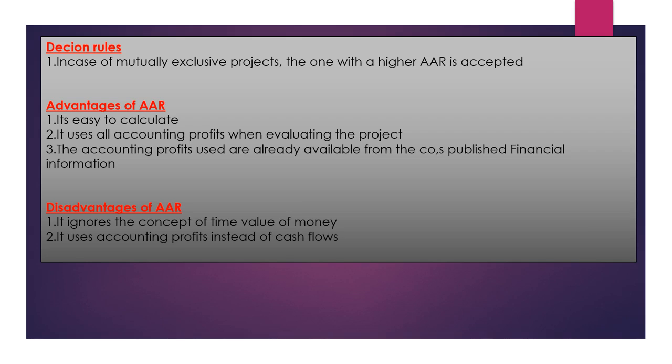Advantage number 3, the accounting profit used is already available from the company's published financial information. So you don't come up with a value of your own. This accounting profit already exists in the published financial information. So if you want to find the accounting rate of return for an investment, you simply use the accounting profit that is published in the financial statement.